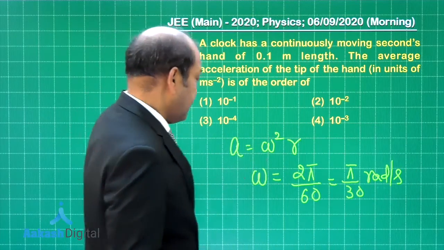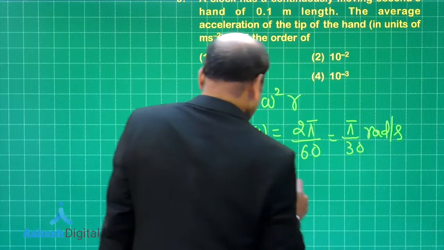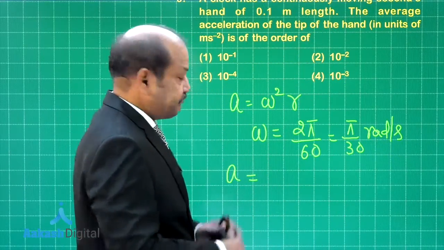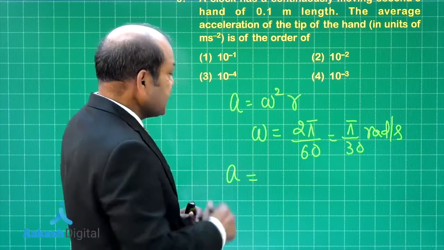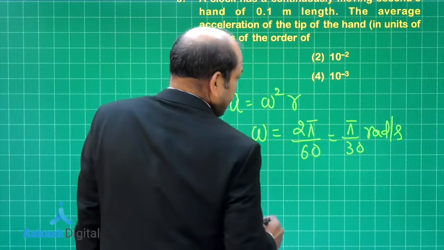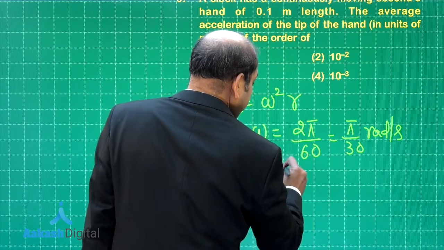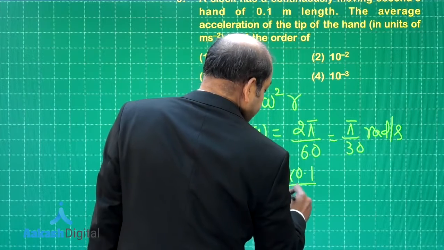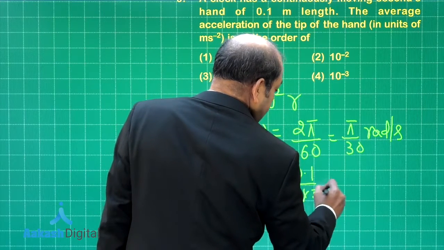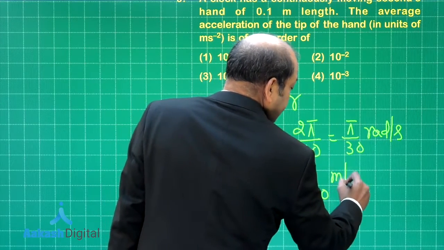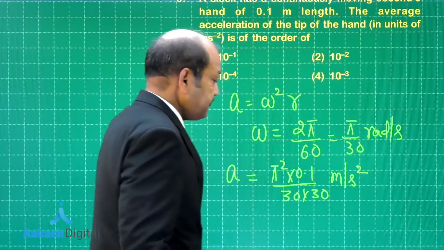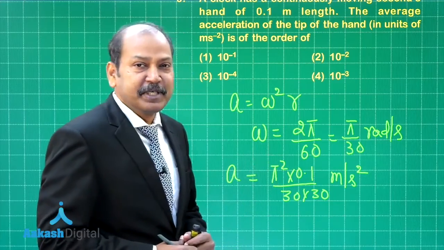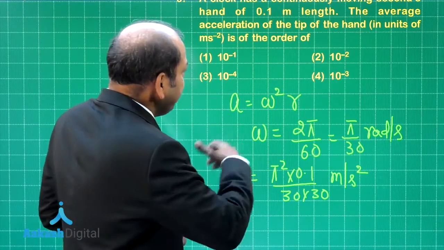Omega square r then comes out as, so we are now calculating the value of the centripetal acceleration, which is omega square r. So, this is coming out as pi square into 0.1 divided by 30 into 30, and the units here are meter per second square.